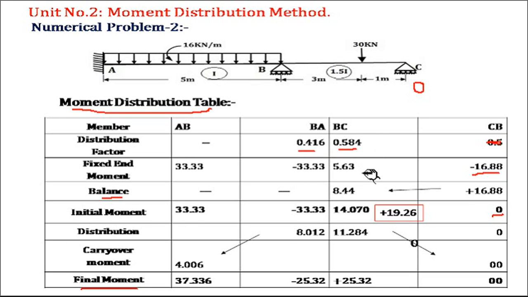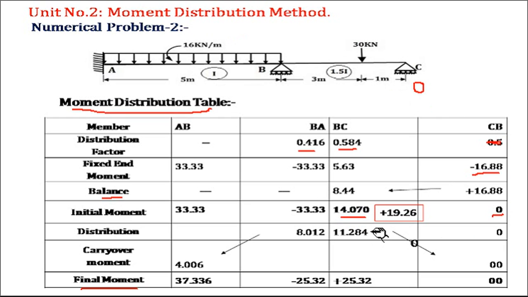The fixed moment in member BC is 5.63 plus balance 8.44, so the initial moment in member BC will be 14.070. Then the initial moment in member CB is equal to 0.